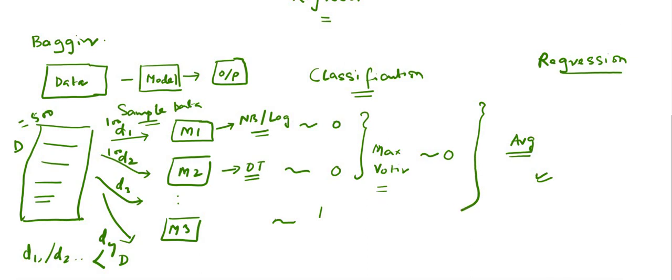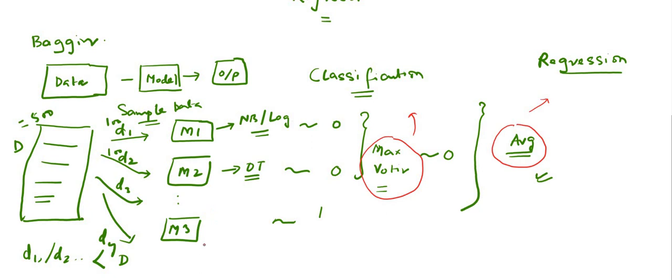So let me highlight this in a different color. Max voting or the voting concept is for the classification problem, and when you are doing the regression problem, it's the average concept. So that's the thing for bagging, if you understand this.